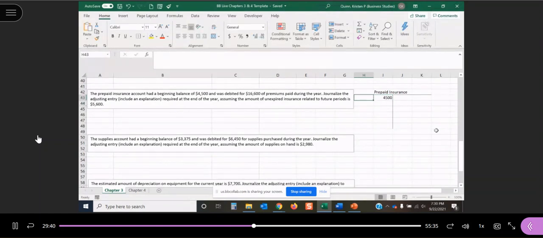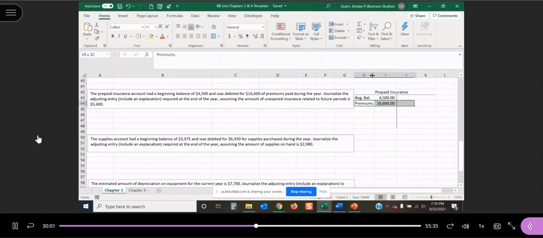So they told us, we know it's an asset, so it's going to have a debit balance. So we have a beginning balance of $4,500. We had $16,600 in premiums that we paid.